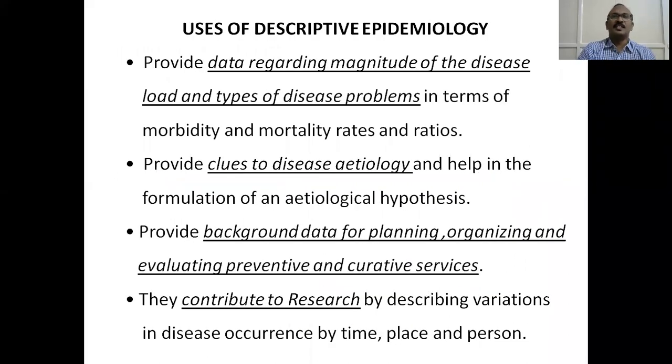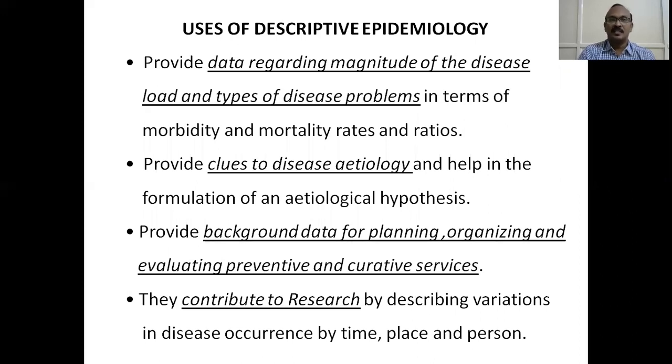What are the uses of descriptive epidemiology? Descriptive epidemiology provides data regarding the magnitude of the disease load and the types of disease problems in terms of morbidity and mortality rates and ratios. This magnitude is very well understood by indicators of morbidity and mortality. It provides clues to disease etiology.